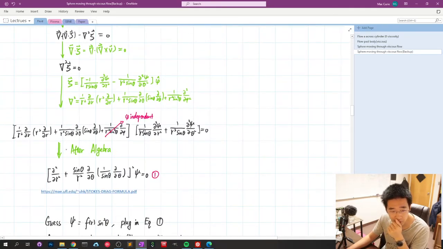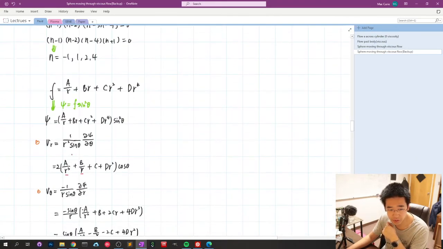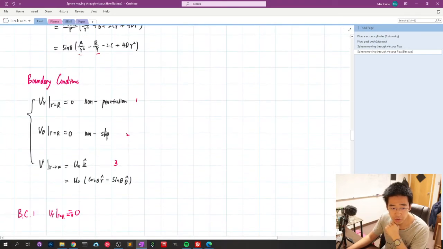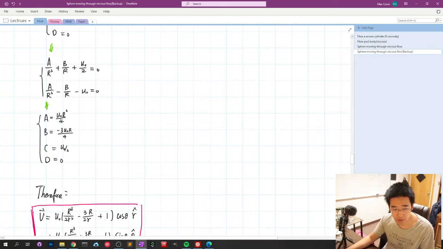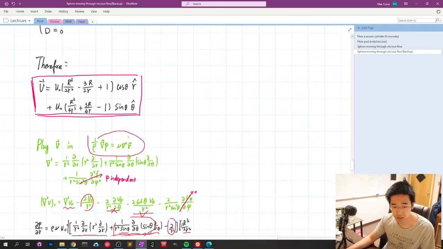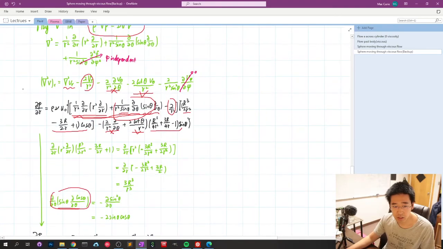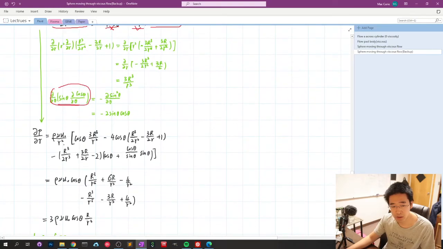After some algebra, we have differential equations, solve the differential equation, and apply the boundary conditions: non-penetration, non-slip, and at infinity we have u naught at z.